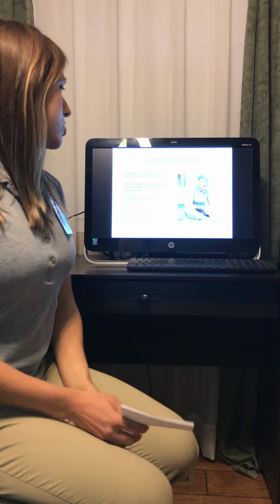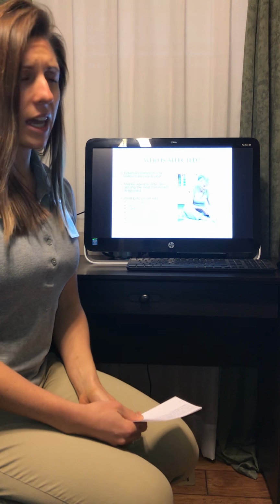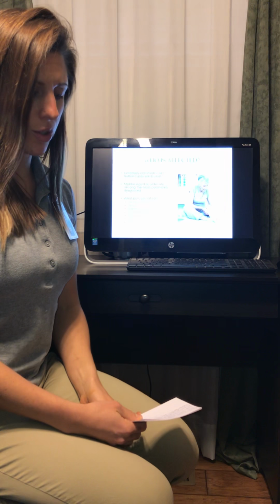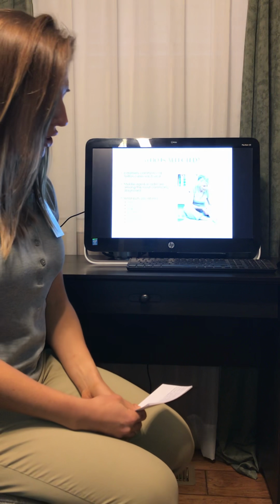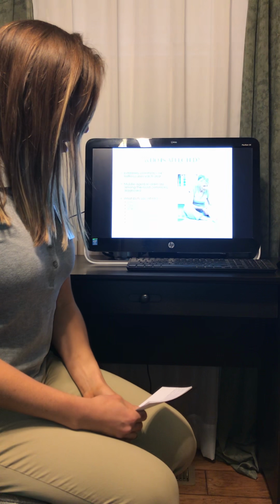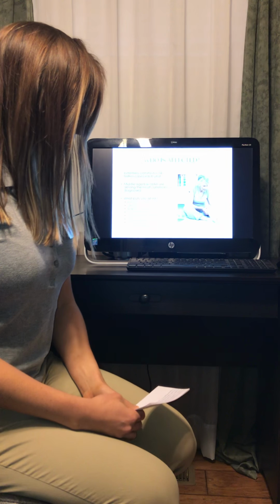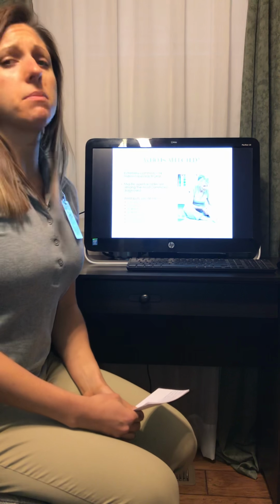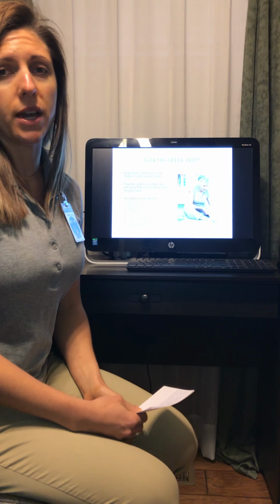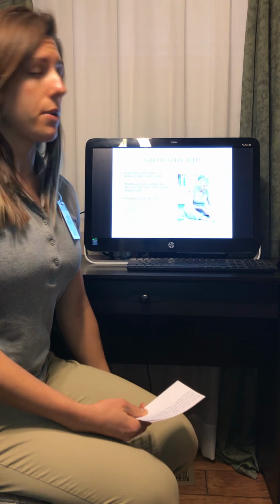Diabetic individuals are also at risk. They typically have circulatory problems and skin failure. They have delayed healing, which can cause chronic ulceration, and it can also be difficult to detect in those patients if they have any type of peripheral neuropathy.